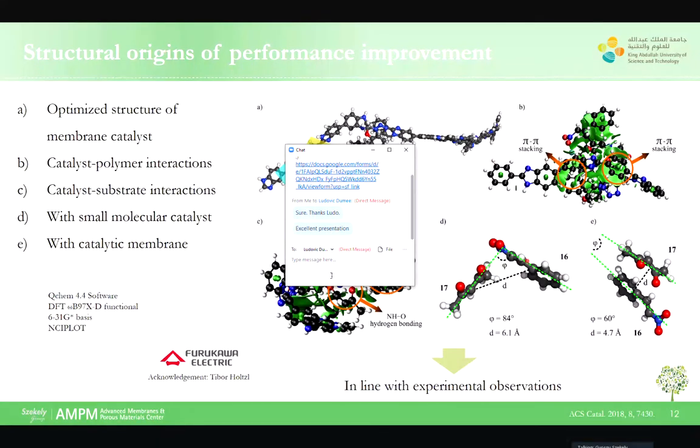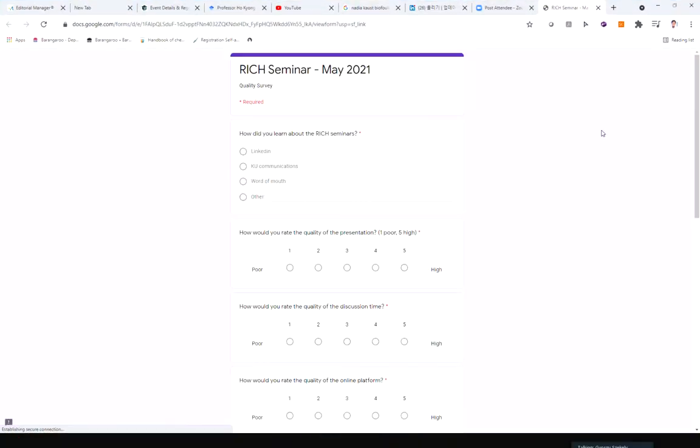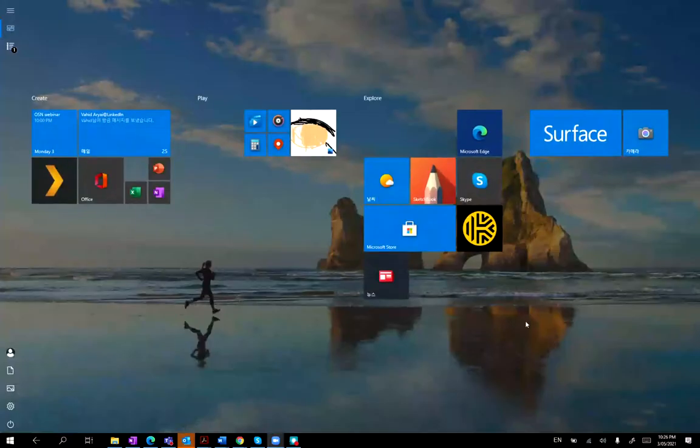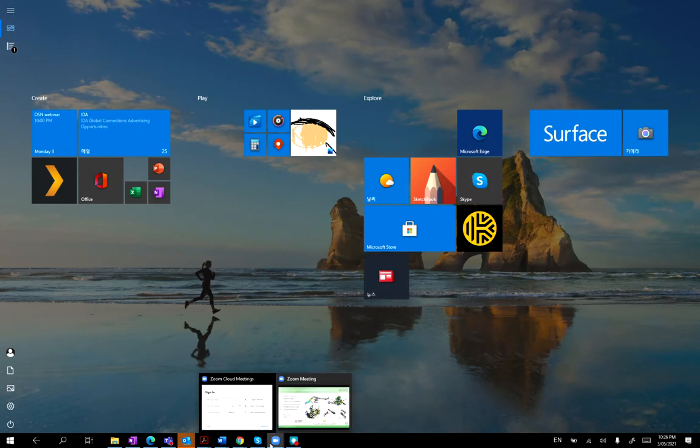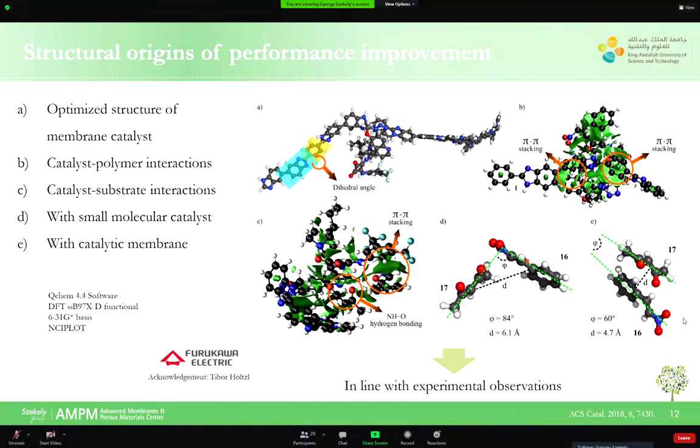And this is why we assume that we still have a very high enantiomeric excess in those type of reactions. So basically here, the DFT modeling and the actual catalytic performance obtained in the lab come hand in hand, and they are in good agreement with each other.